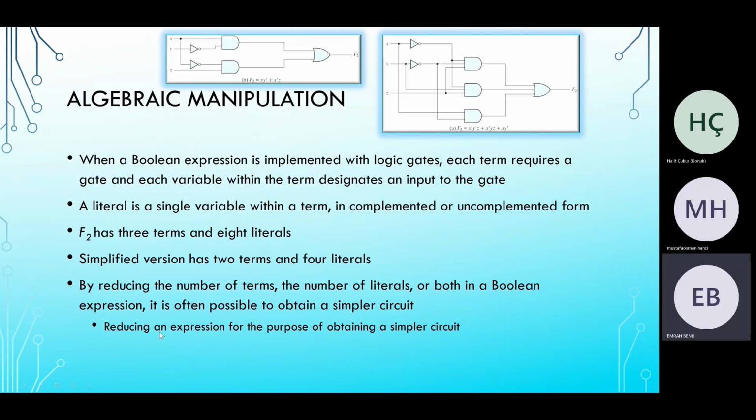And reducing an expression is for the purpose of obtaining a simpler circuit. That's why we are trying to reduce the expression, so we can have a smaller circuit, and we will use less material, fewer components for our circuit, for our computer.